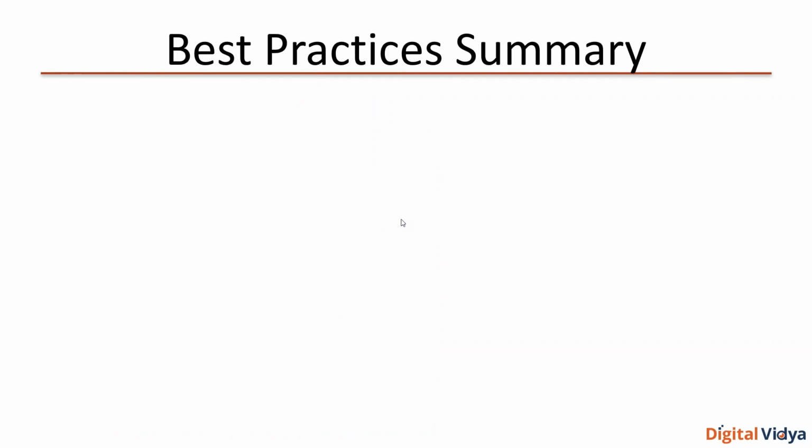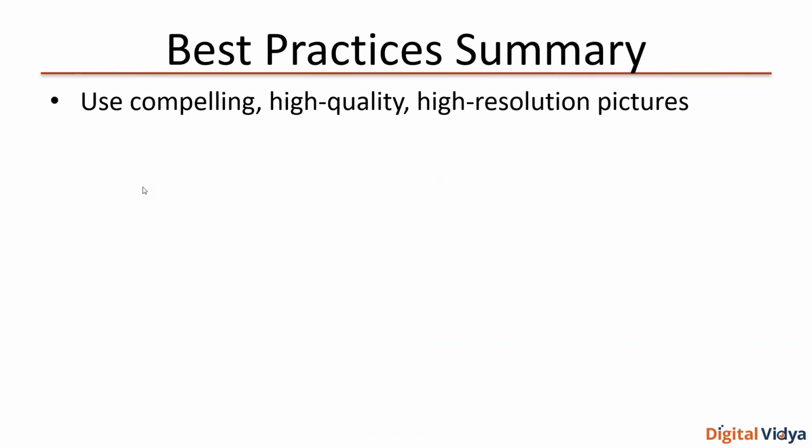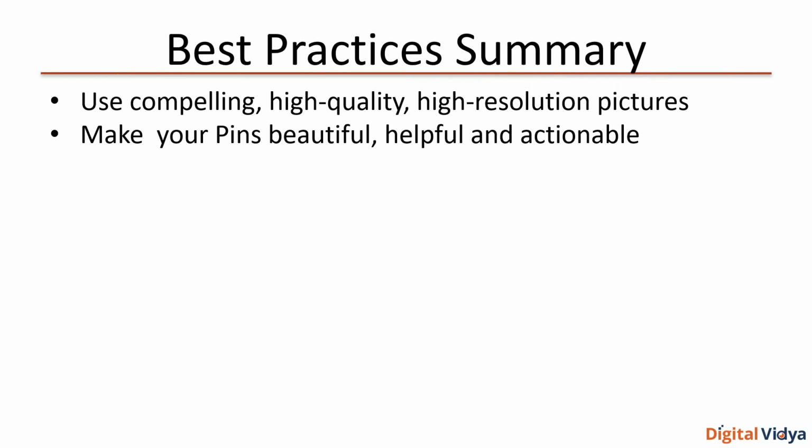Right? So just to sum up the best practice summary for marketers on Pinterest, first is use compelling, high quality, high resolution pictures. Also, like I said, create boards that your audience would love. That's the first thing. Create boards that your audience would love. Use high quality pictures because Pinterest is a very visual platform. Right?